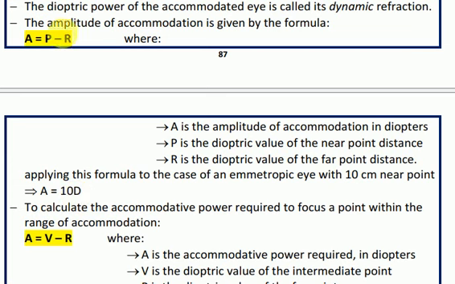Again, P can be calculated from the reciprocal of the near point, which is 10 centimeter, or 0.1 meter. The reciprocal of 0.1 meter is 10 diopter. So put 10 diopter in P, and R can be calculated by the reciprocal of infinity, which is 0. So accommodation is 10 diopter.